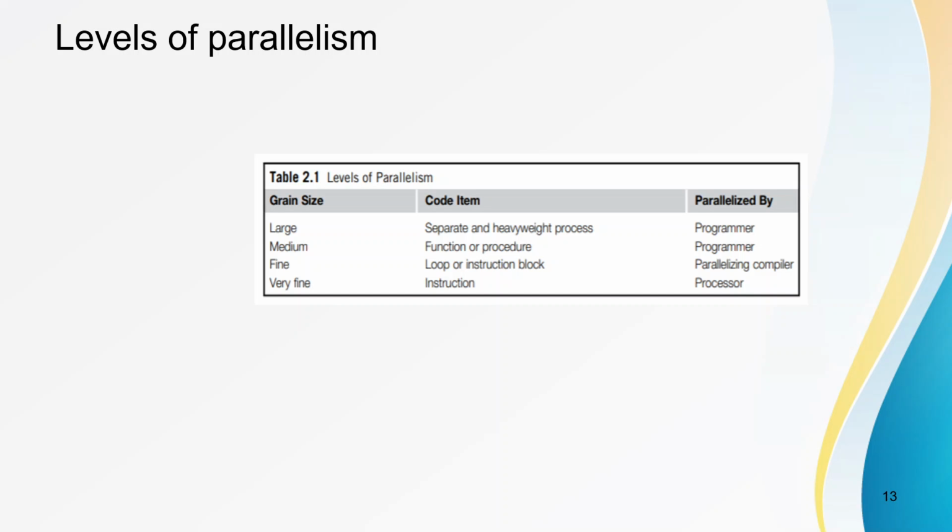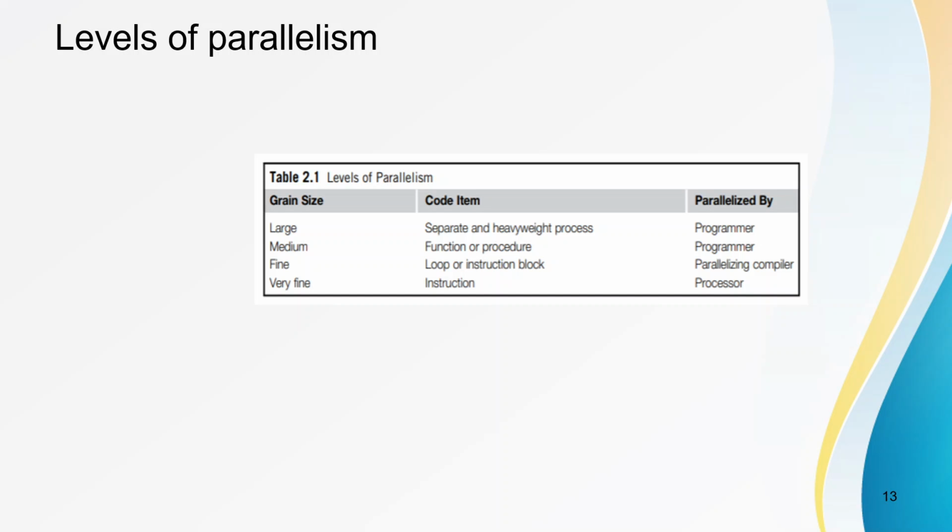So the first level is large. Large means each process will be a separate, heavyweight process, and this parallelism is implemented by the programmer. Medium is, for example, when you create a function or procedure. In your program you are creating multiple functions or multiple processes. That is an example of medium parallelism.